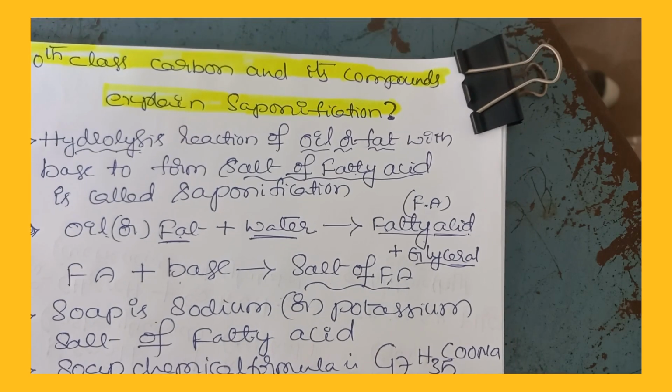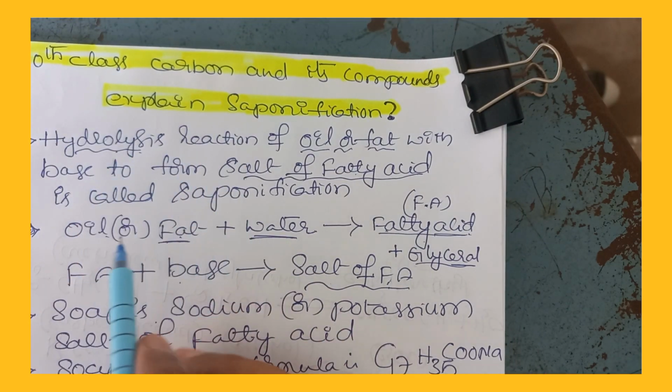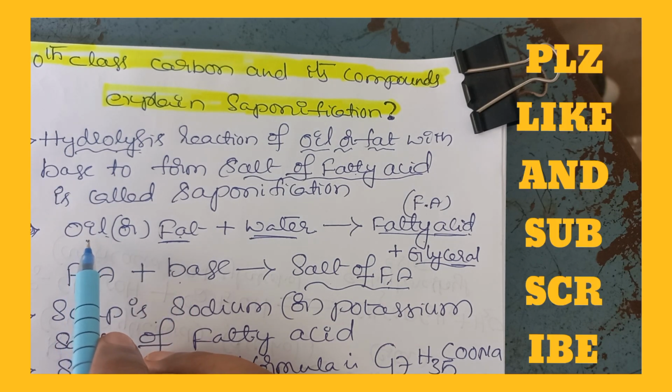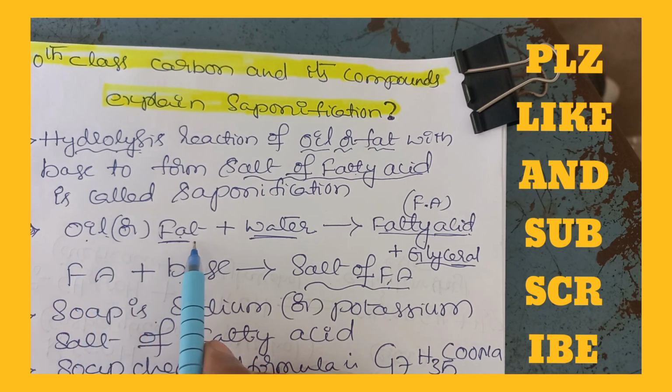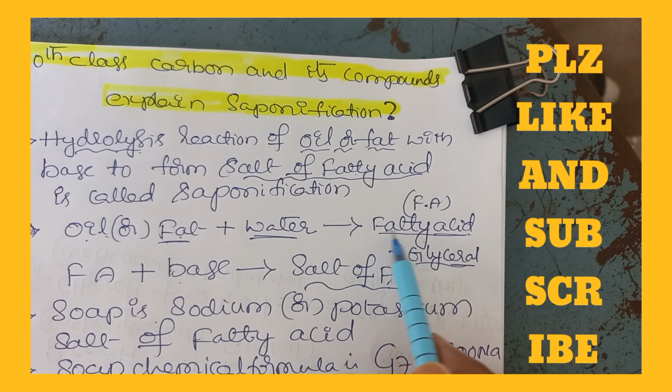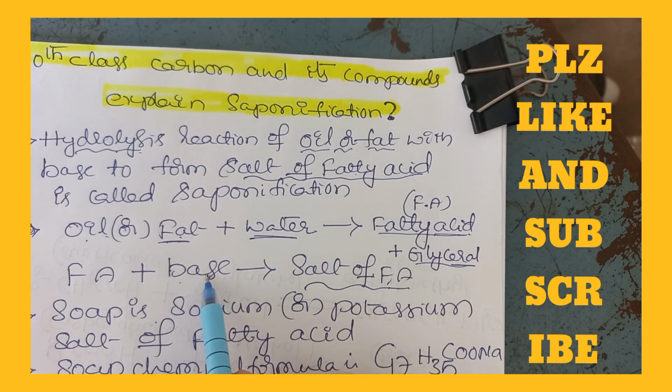When oil or fat, that may be oil extracted from seeds or nuts, edible oil, or animal fat, reacts with water in the presence of base, initially oil or fat turns to fatty acid. This fatty acid again combines with a base. So this forms salt of fatty acid.